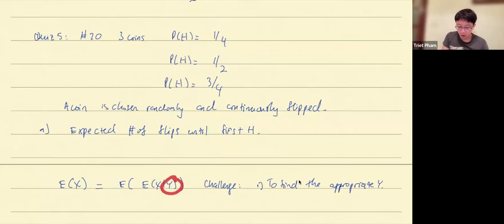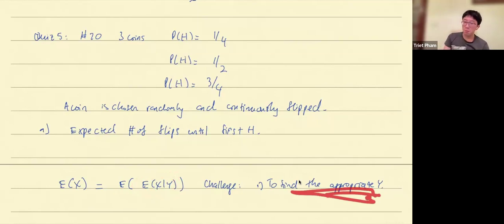Whatever random variable you condition on, it will always come out as expectation of x. However, in terms of human computation, if you choose the wrong y random variable to condition on, you'll probably have no idea what this is. Or this might be easy, but you won't be able to perform the outer calculation. Who knows? But to find the appropriate y is, in my opinion, the hardest thing.